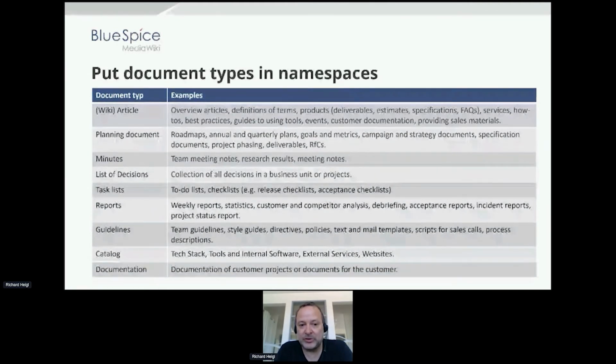Something we also see, and are often told, is you need a place for minutes. Team meeting notes, research results, meeting notes. It doesn't depend on what department is using this. You need this for marketing, for engineering, for the management.